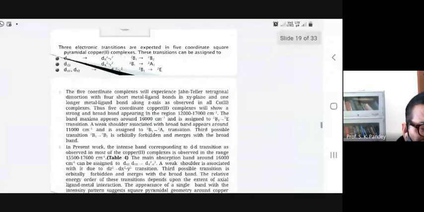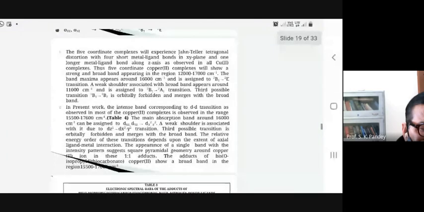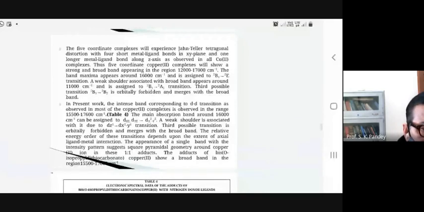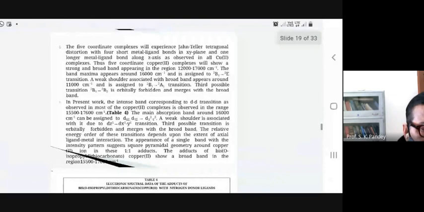And one important thing which was observed in these complexes was that the five-coordinated copper 2 complex will experience a Jahn-Teller pseudorotational distortion, with the four short metal-ligand bonds in the XY plane.